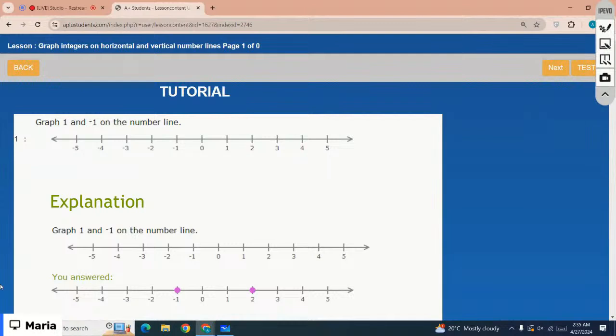So you are given the number line, right? Just locate the 1 and negative 1 on the number line. So, let's just start with the test questions.